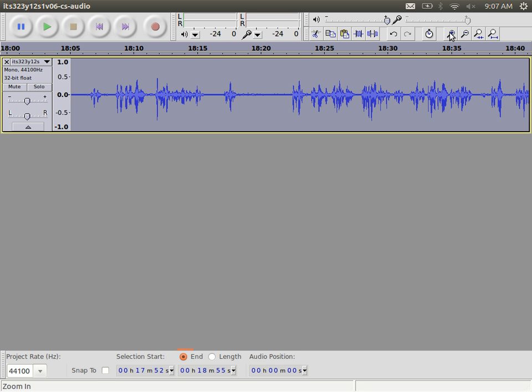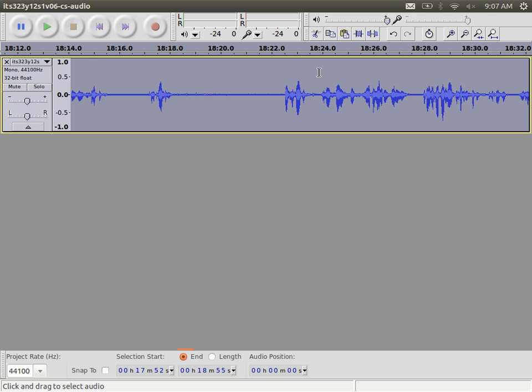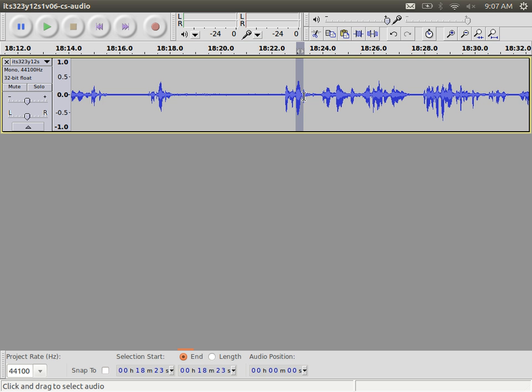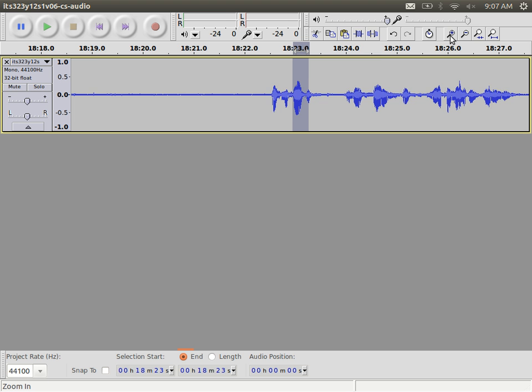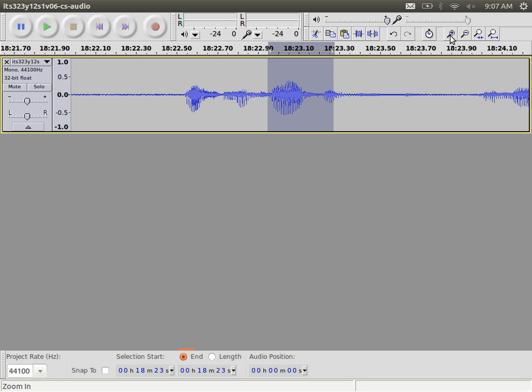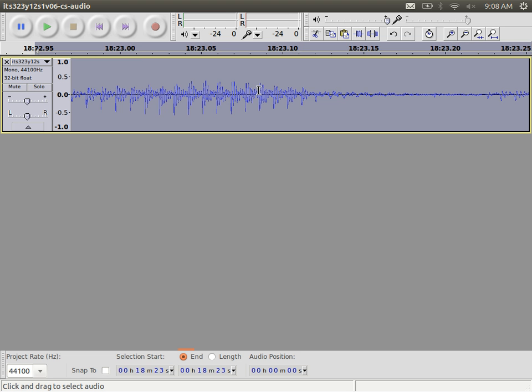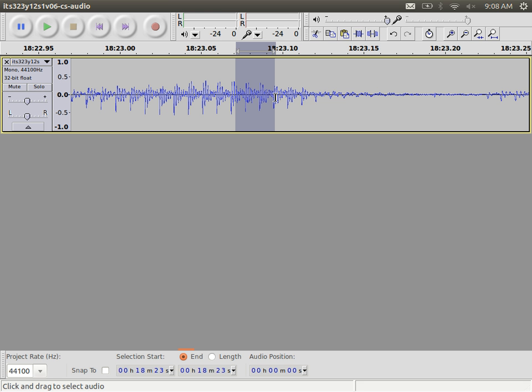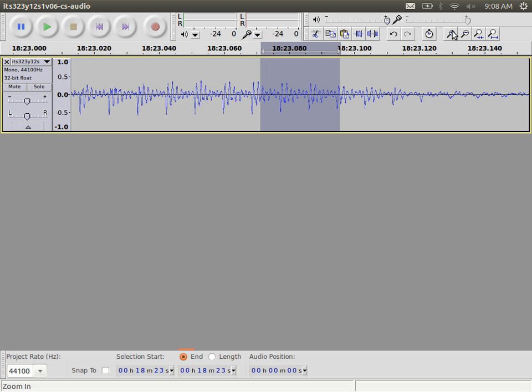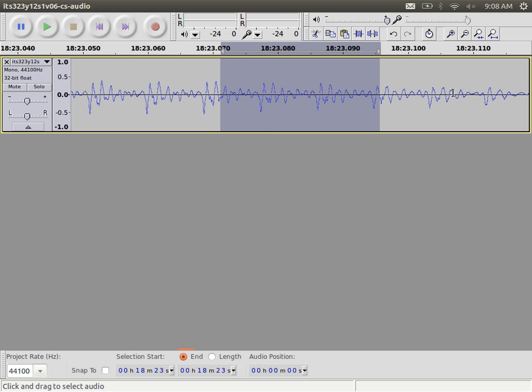If we keep zooming in on a specific part, now we see it start to take shape, something varying over time.